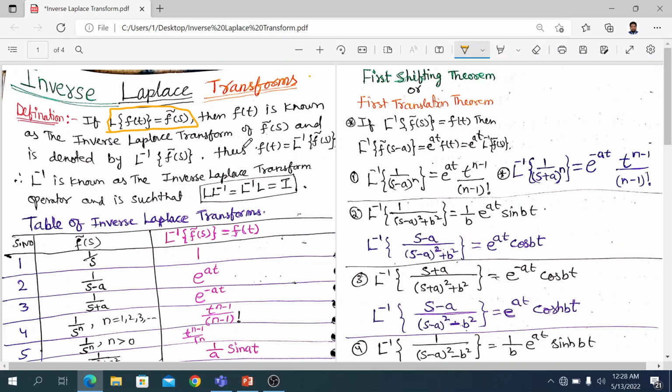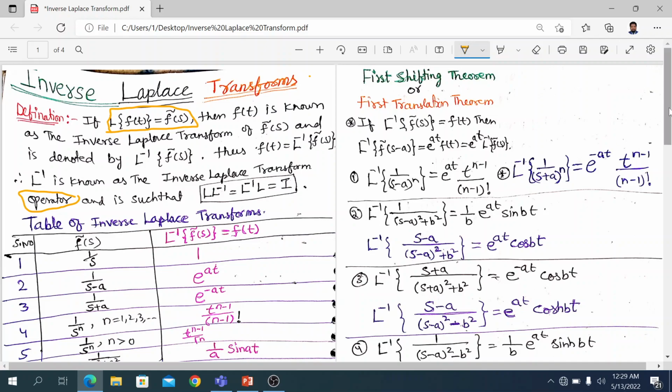Thus f of t is equal to Laplace inverse of F of s. Here L inverse, that is L power of minus 1, is known as the inverse Laplace transform operator, and is such that L into L inverse is equal to L inverse into L is equal to I.